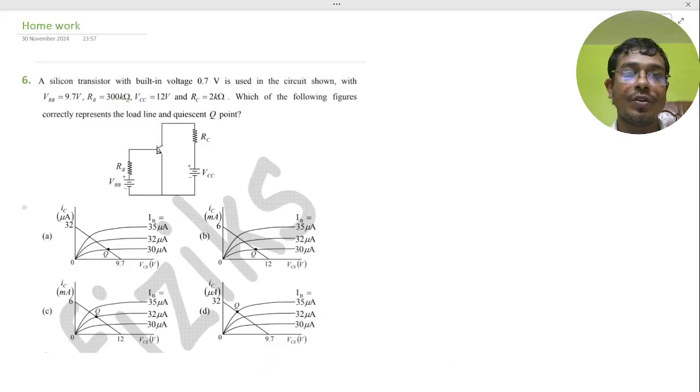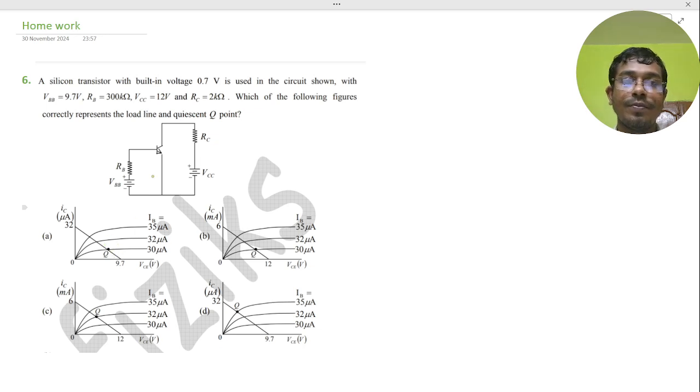A silicon transistor with built-in voltage 0.7 volt is in the circuit shown in the figure with these values. Which of the following figures correctly represents the load line and the quiescent Q point? We just discussed the IC versus VCE output characteristics, the load line, the straight line equation and the quiescent point.